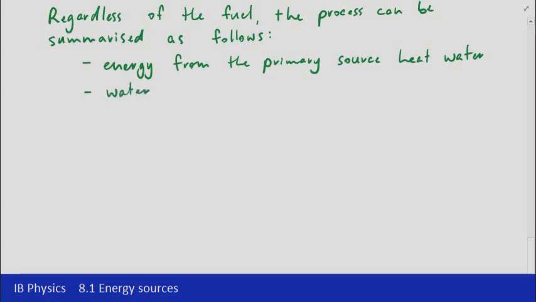Now, if we heat water, as we've seen already, we know that water will then be turned to steam, and in these particular applications it's going to occur at high pressure. So the idea here is that you don't actually want the water to bubble, you want it to basically just be vaporized straight away.